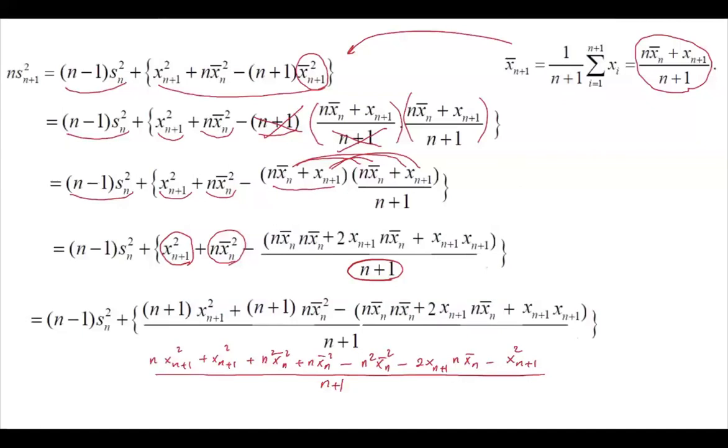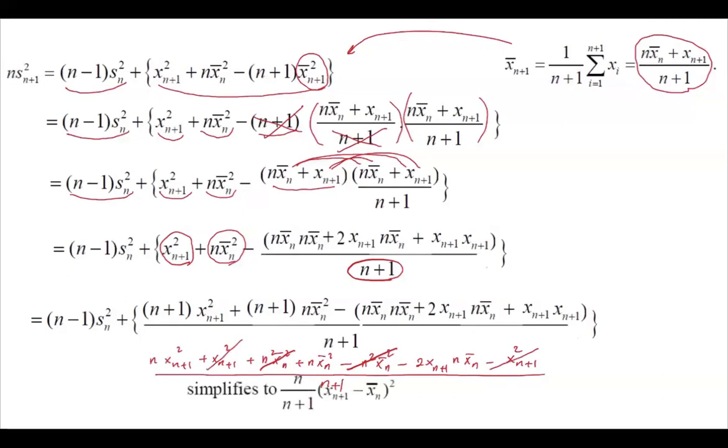So we're looking for the opposite terms. You have n squared xn bar to the second, opposite here. And then let's see. You have negative xn plus 1 to the second, which is just right here. And then you have n xn bar to the second power minus 2 xn plus 1 n xn bar.